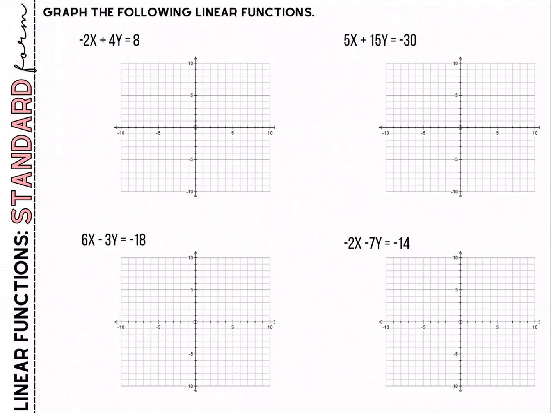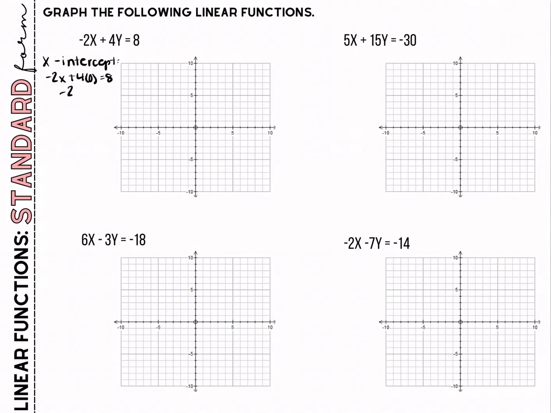Let's open up. I have negative 2x plus 4y equals 8. I'm going to find the x-intercept, so I set y equal to 0: negative 2x plus 4 times 0 is equal to 8.